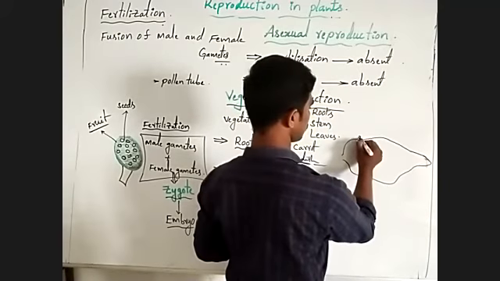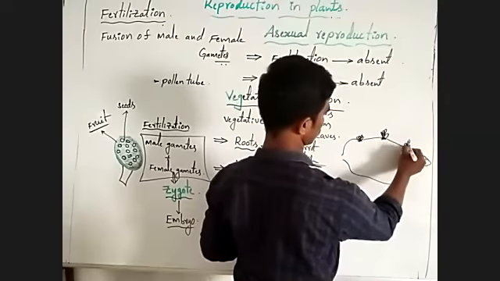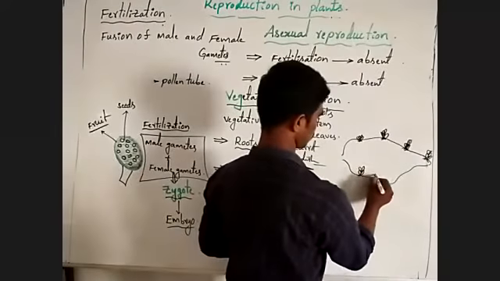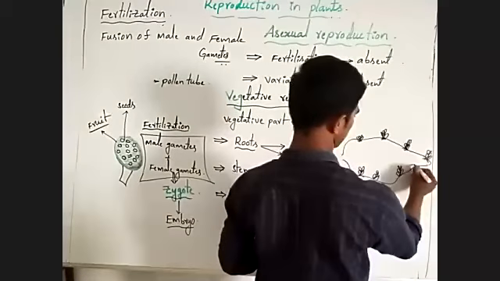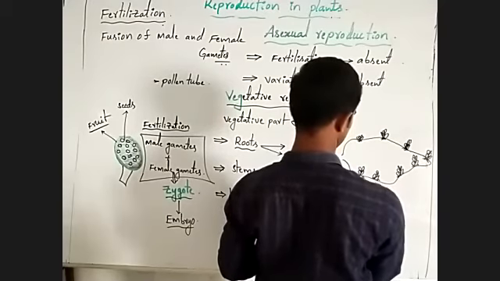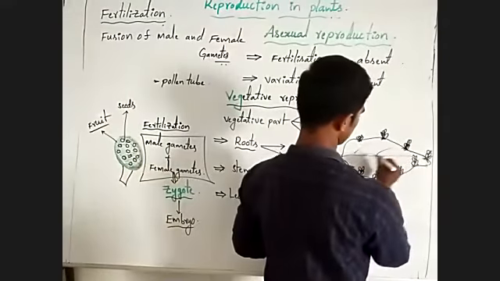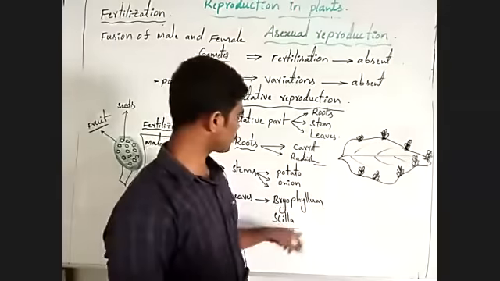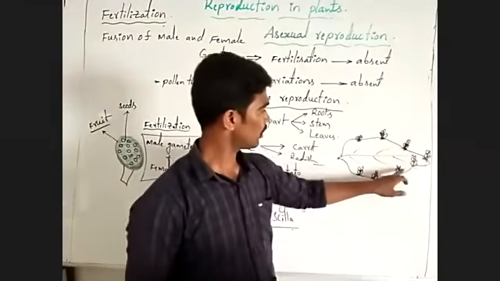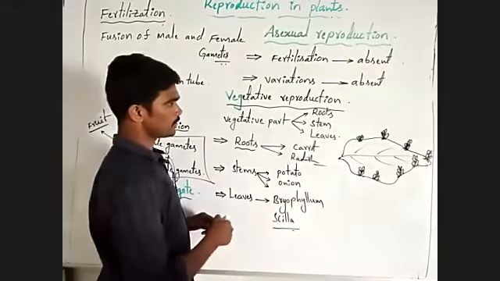Here, new small plantlets develop on the edges of the leaves.